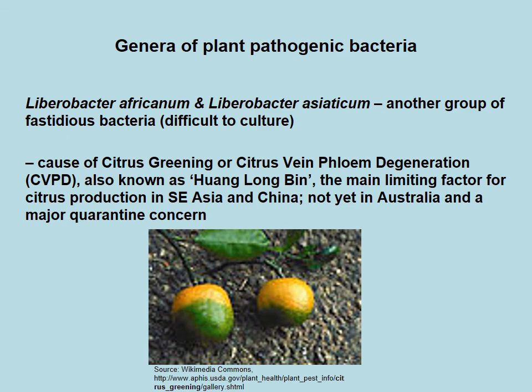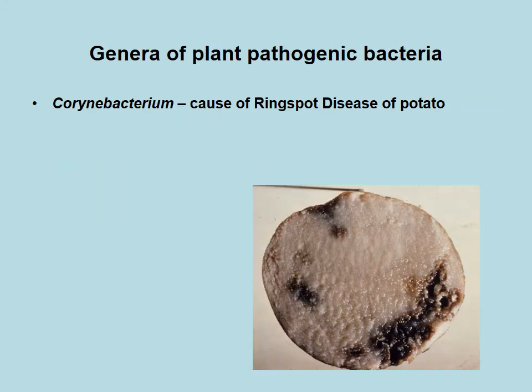This is the main limiting factor for citrus production in Southeast Asia and China. It's not yet in Australia, and another major quarantine concern. Corynebacterium causes ring spot disease of potato.